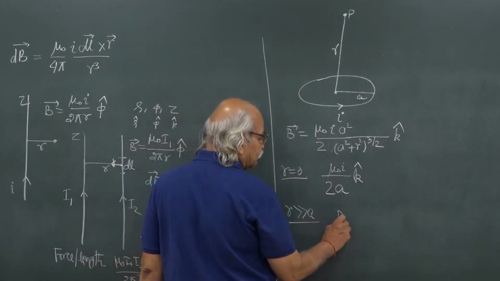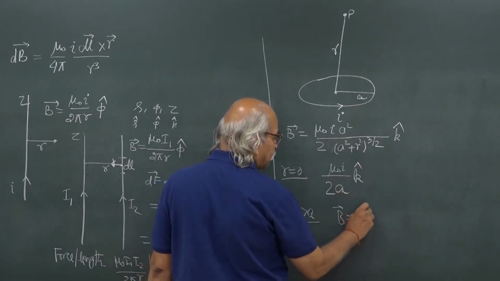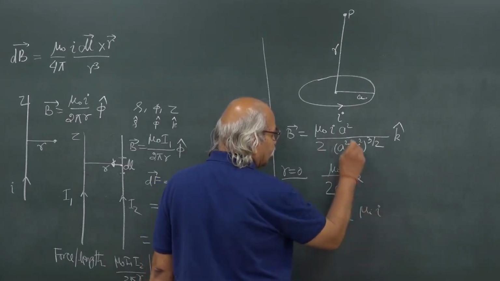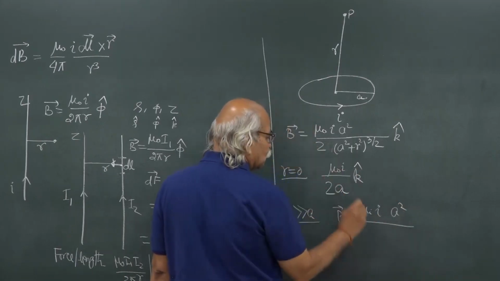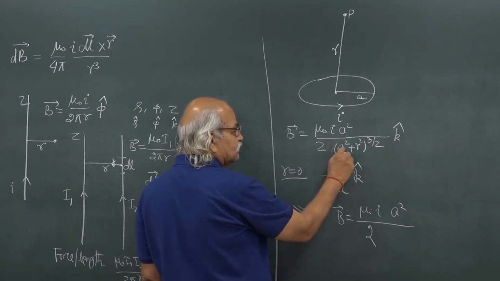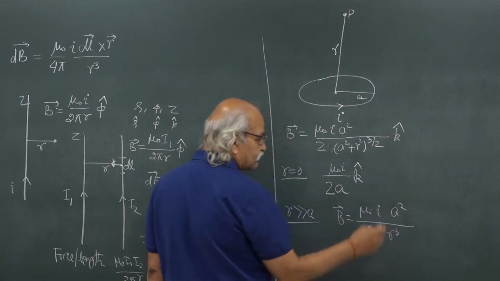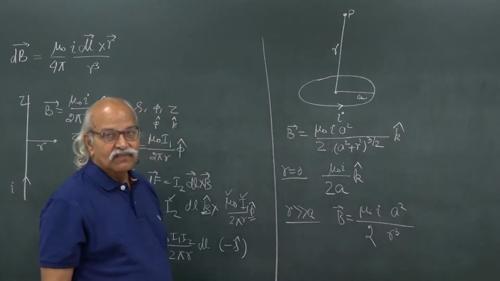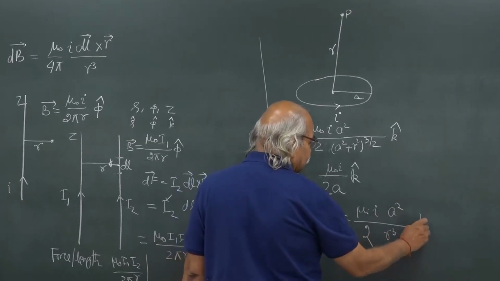In that case, B is equal to mu naught I a square divided by 2, and this a we are neglecting, so this will become r cube. Okay, and this will be in k cap direction, of course.